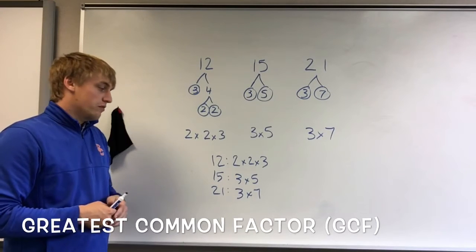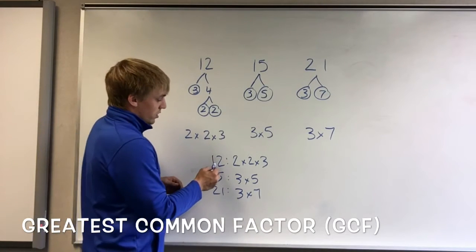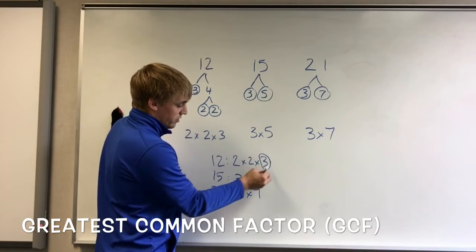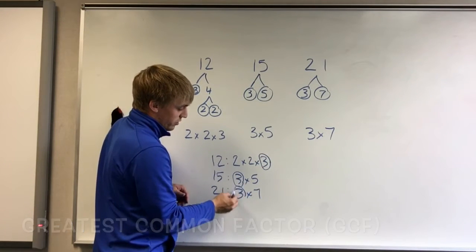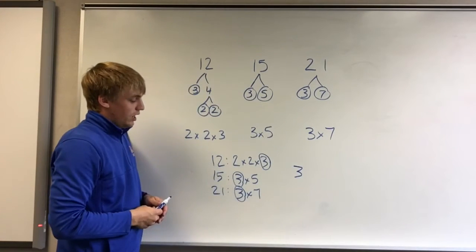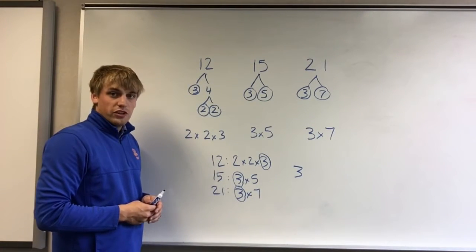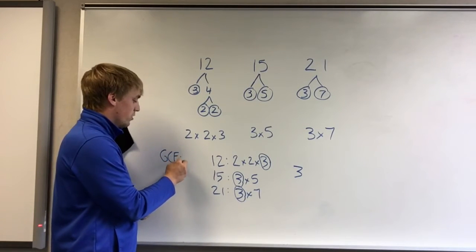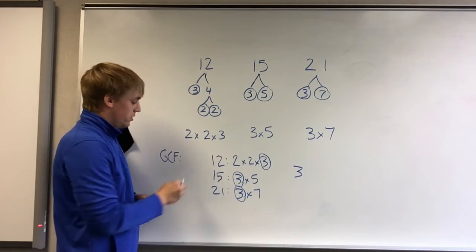Each of them has to have the factor. So between 12, 15, and 21, they each have a factor of 3. So we're going to have a 3, okay? And they don't have anything else in common. So the greatest common factor for 12, 15, and 21 is 3.